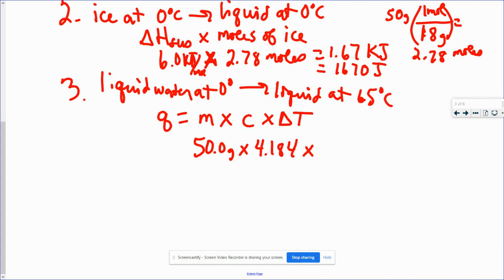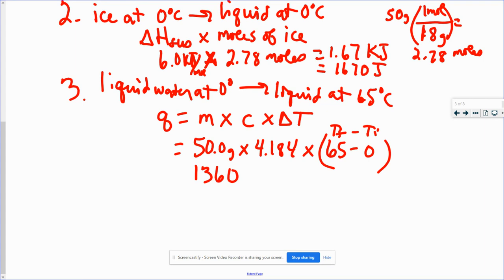And my change in temperature, I'm ending at 65, so that's T final minus T initial, which is 0. Okay. So now I have 50 times 4.184 times 65 equals 1,360.